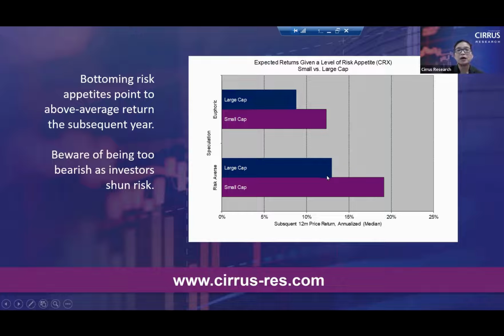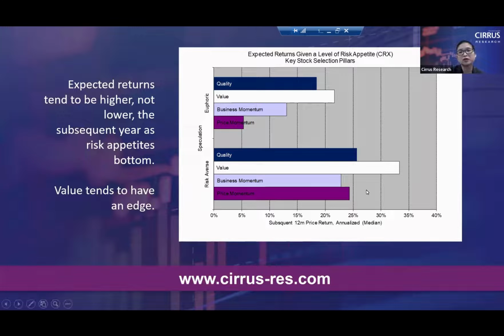And we also look at the subsequent performance by factor as well. So if you concentrate on the risk averse area, which is where we are right now, you see that value tends to have an edge. Whereas when risk taking was very high, you see much lower return. So it goes from around 33% to about 23%.